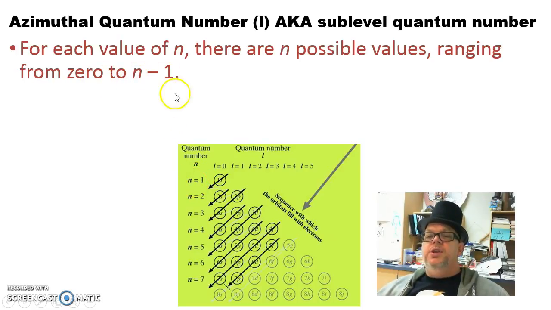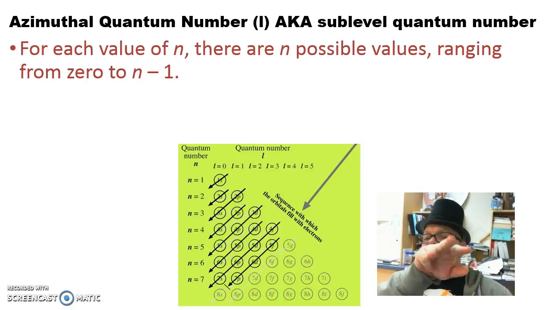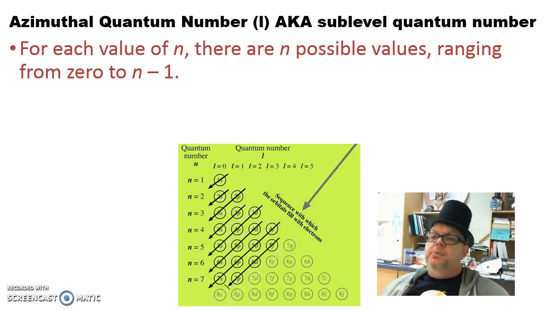Well, 1 minus 1 is 0, which means that there's only one sublevel in level 1. In level 2, notice we've got two sublevels. We have 2s and 2p. Now you'd say, but wait a minute, you showed us 3 of these p sublevels. What's up with that? We'll get to it. Don't worry.